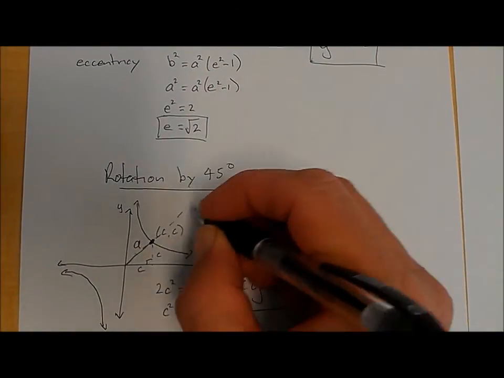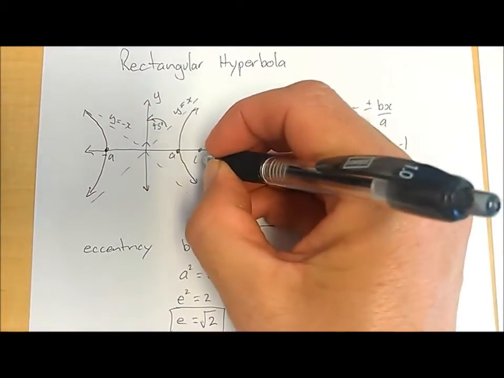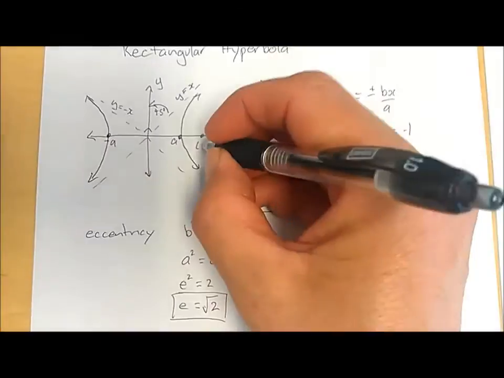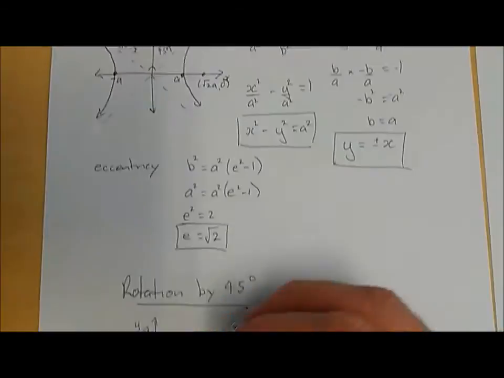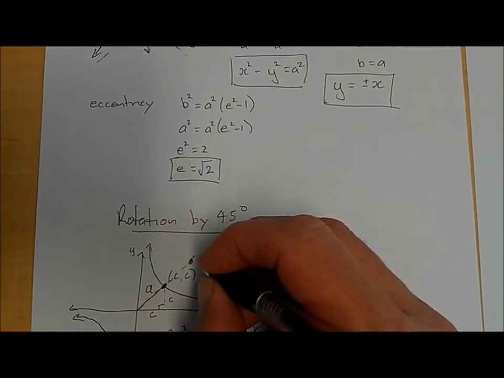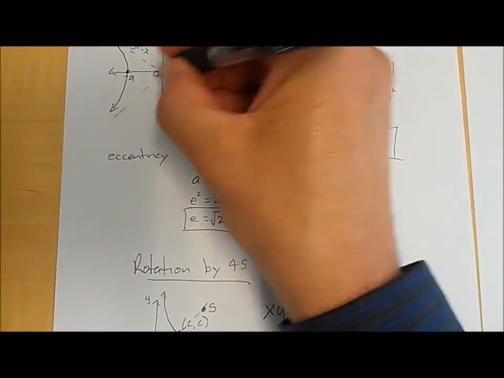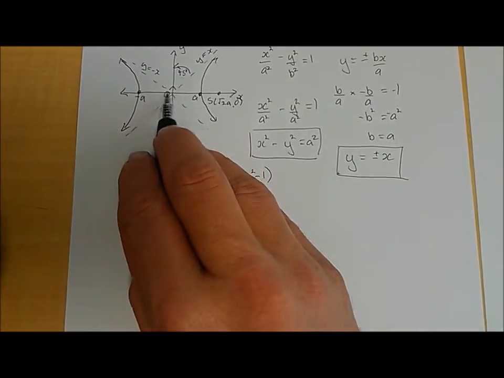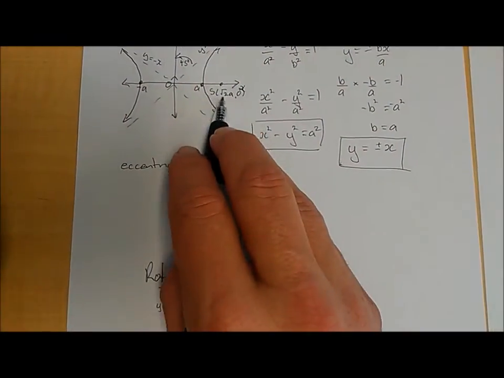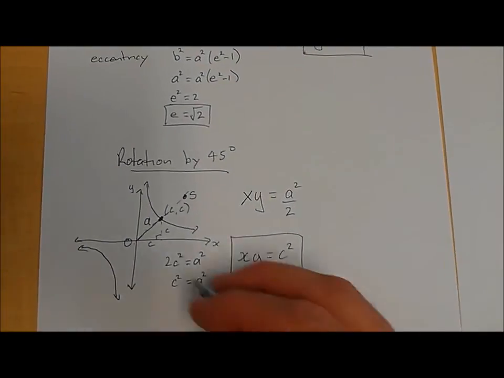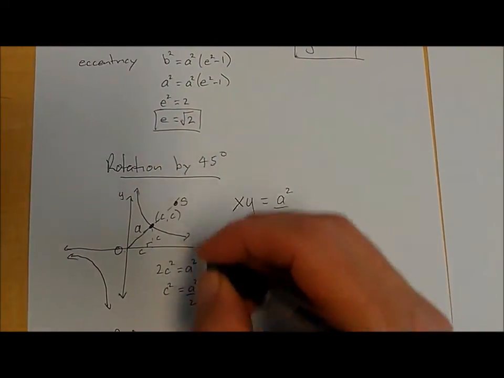If I continue that line up here, then my original foci, which is S, and S being root 2a, 0, will also be rotated 45 degrees, and it will now be up here, the foci will be. Now that distance from O to S will be preserved under rotation, so this distance OS will still be root 2a. So I'll redraw that there for the foci, and we'll try and find the coordinates of this new foci.